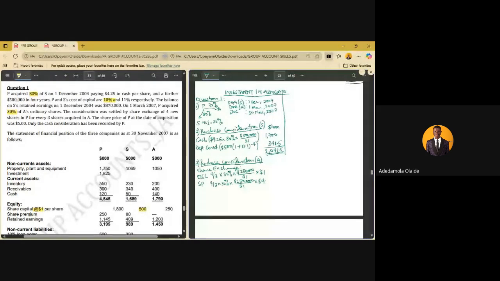So $4 plus $1 gives us the market price of $5. Ordinary share capital is 100,000 and the share premium is 400,000, so we'll have that to be 500. That's great.